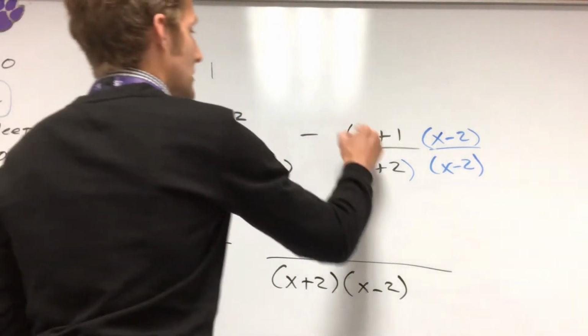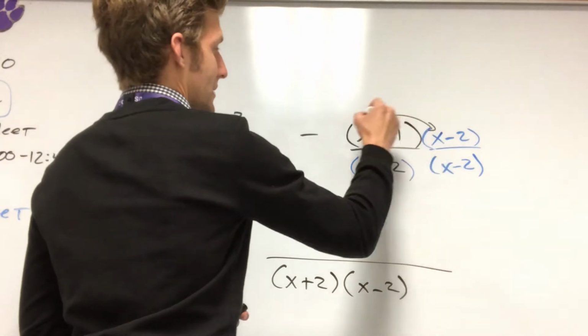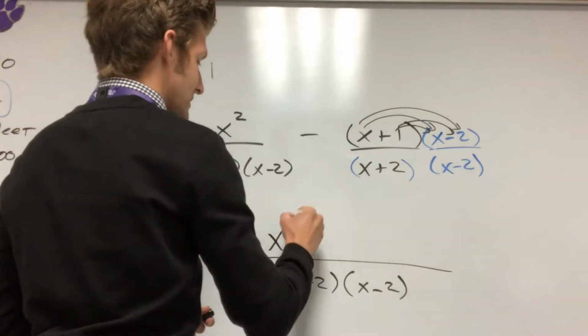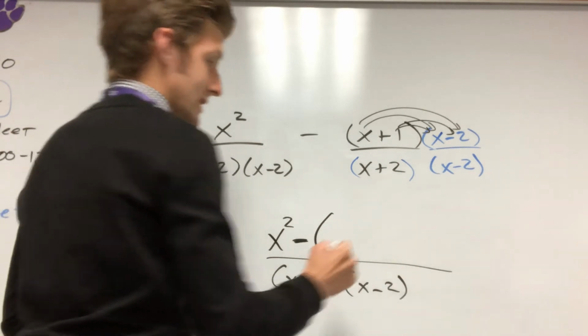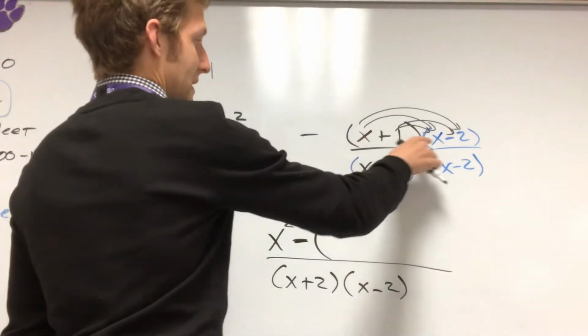Now I'm going to start foiling up here, but I'm going to be very careful. It is going to be x squared minus, big parentheses or brackets. This is going to be x squared.